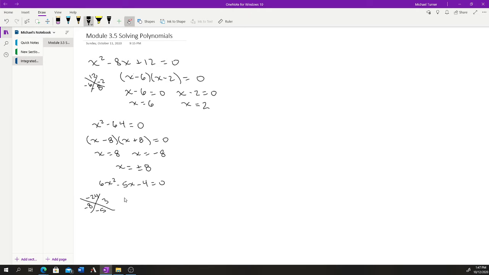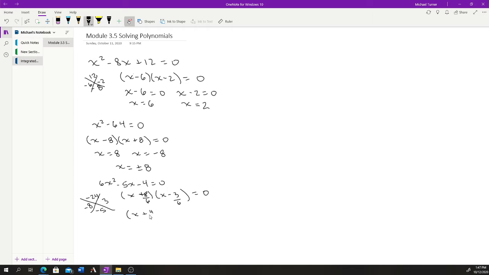Now remember that usually we'd be done if a was 1, I would just write x minus 8 times x plus 3 equals 0 and be done. However, a is something other than 1, so remember the next step is that we have to divide each of these by the a term. So you divide those by 6, and reduce if you can.